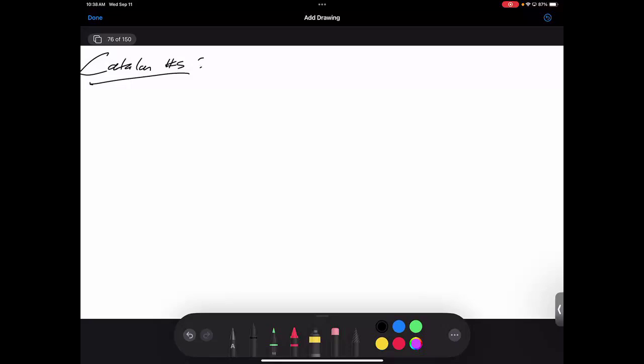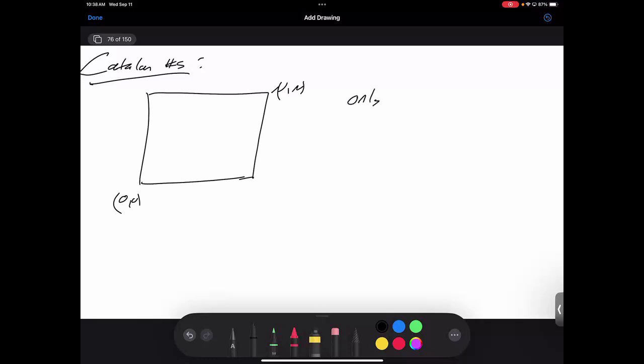So let's imagine we can only move on a grid and we can only move east, west, north, south. And so what I want to do is start off at 0, 0 and end at N, N, and I can only move east and north.